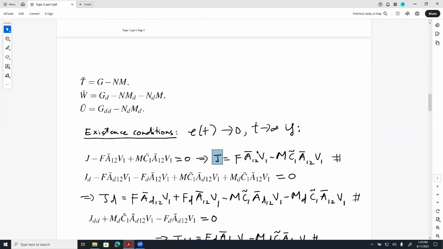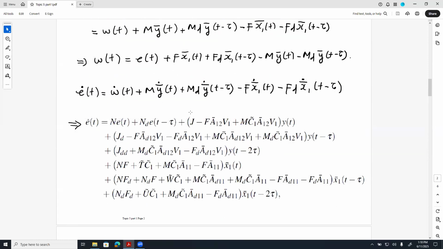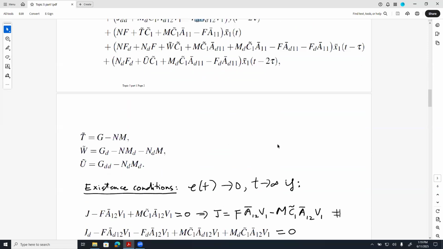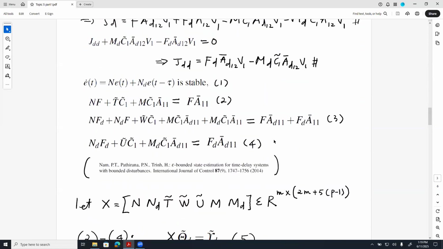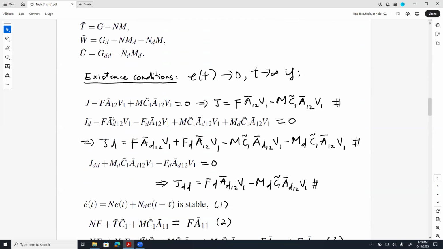So effectively, when we look at these matrix equations, one here, another one here, and another one here. If we let them all equal to zero, that means we're going to have three equations. And from there, that's exactly what is going on in here. Another one in here, make it equal to zero.